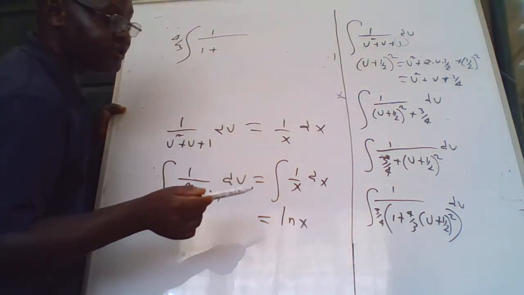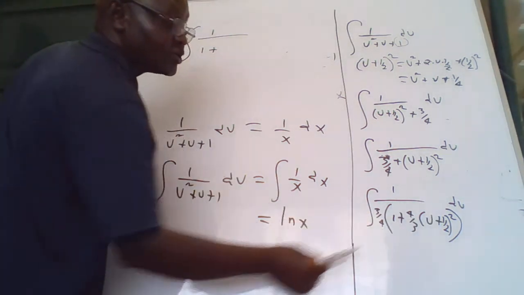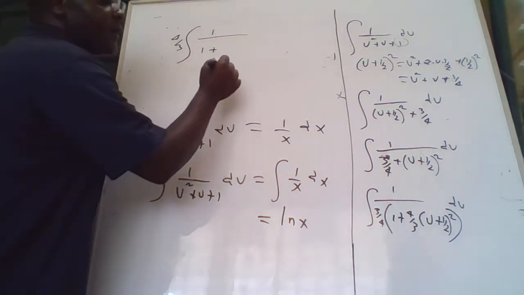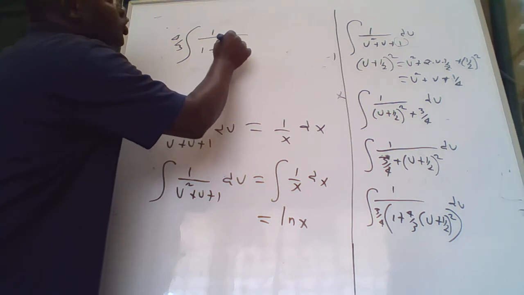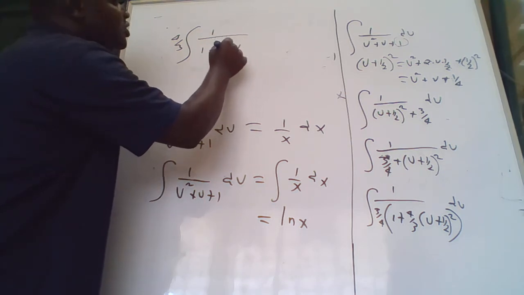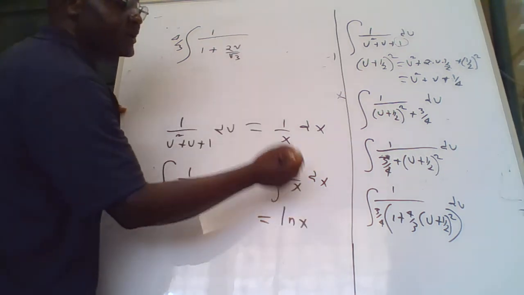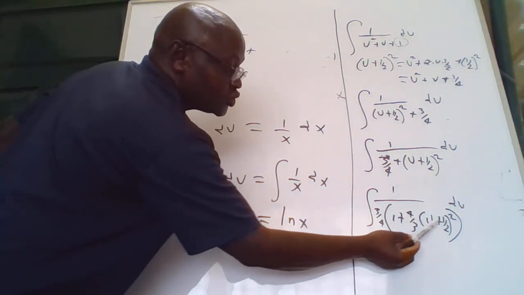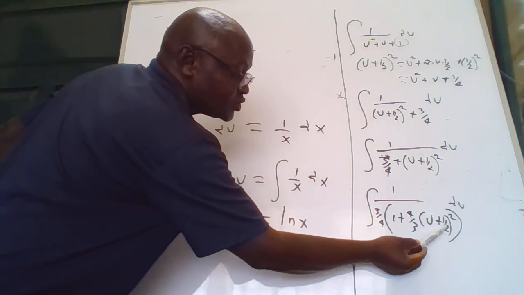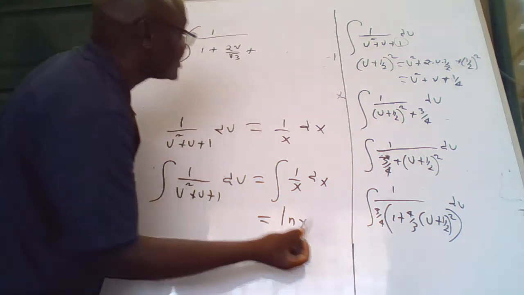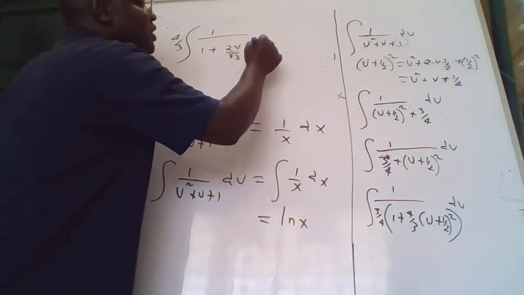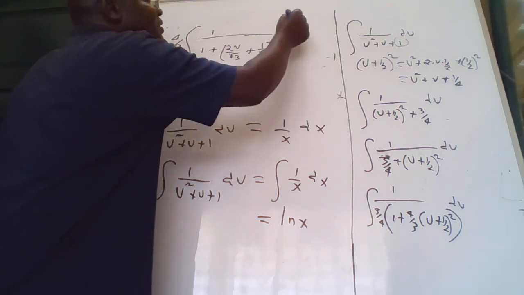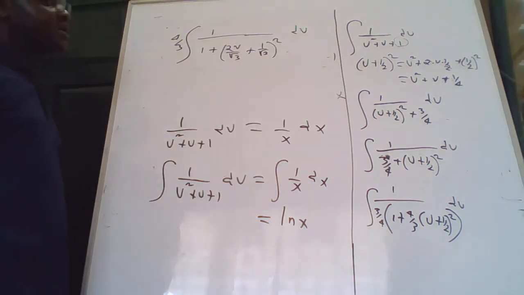The square root of 4 is 2, the square root of 3 is root 3, therefore I have plus 2v root 3, then plus, now the square root of 4 here will be 2, the 2 will cancel with the 2, and I remain with 1 over root 3, plus 1 over root 3, then squared, then dv.